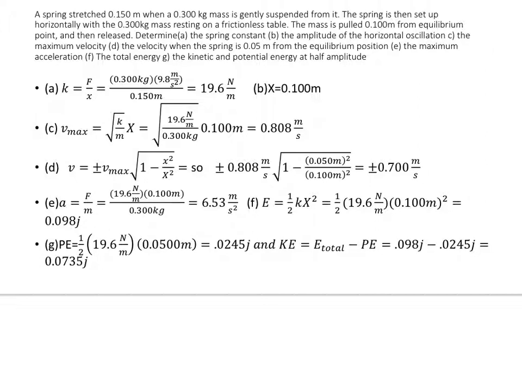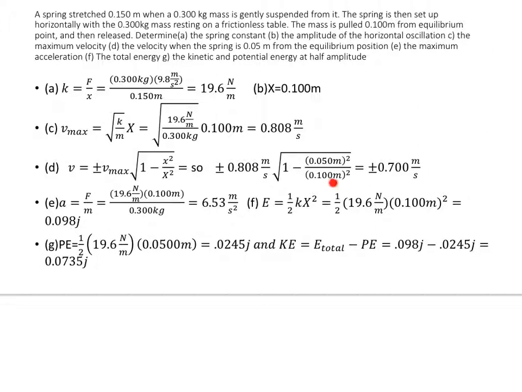Okay, now part D, we want to find the velocity when the spring is 0.05 from the equilibrium position. So that's at half amplitude. Okay, so V is equal to, we had this equation again in the previous slide. So we calculated Vmax up here, that's 0.808 meters per second, times the square root of 1 minus, there's the 0.05, that displacement where we wanted to compute the velocity, over capital X squared.